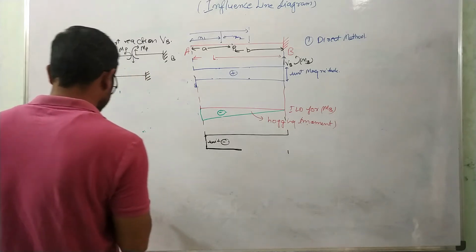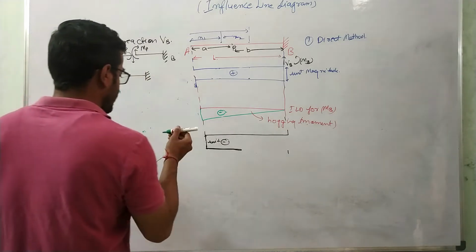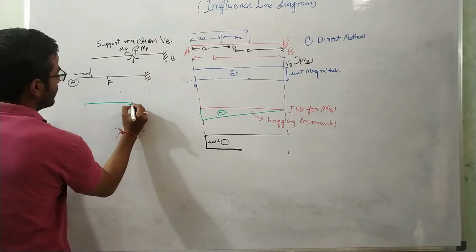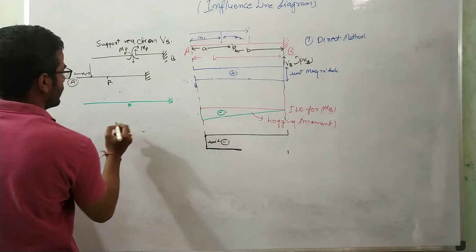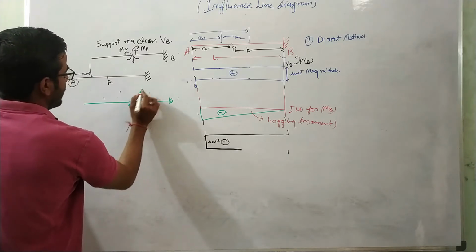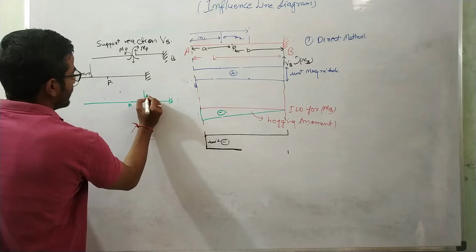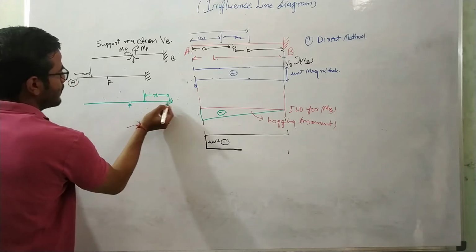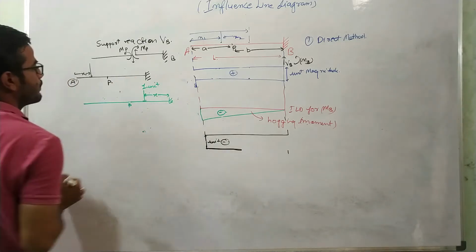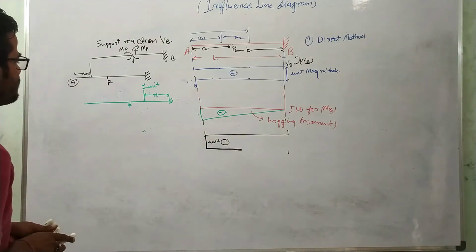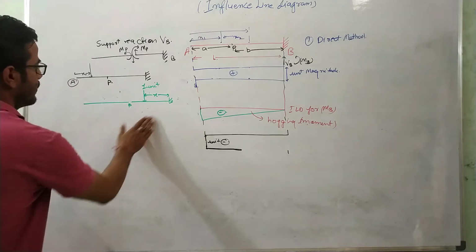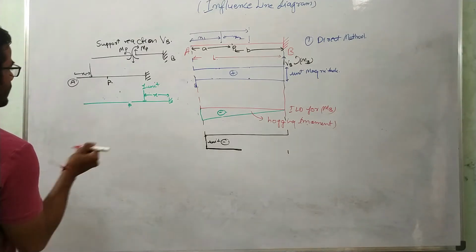Now this is the point P, and this is the fixed support. Now I am assuming that this load is acting at a distance of x. Let us suppose x I am assuming from this side. So this is the unit load, and this is our condition.